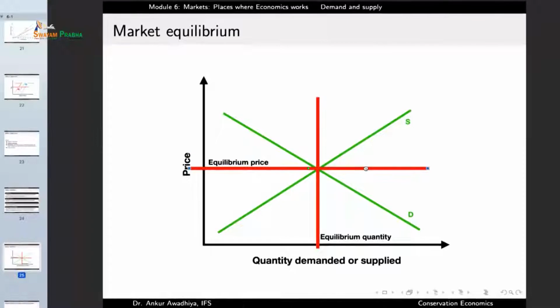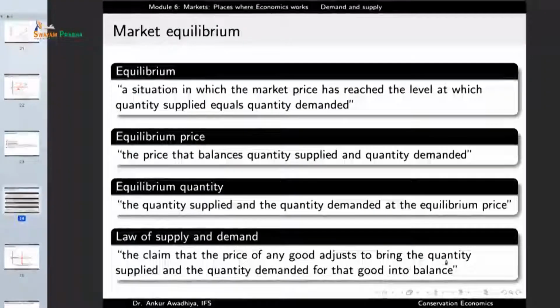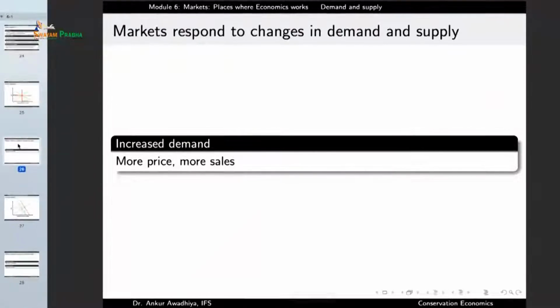So it adjusts to bring the quantity supplied and the quantity demanded for that good into balance. And at that price, known as the equilibrium price, the quantity demanded is equal to the quantity supplied, which is the equilibrium quantity. Now, how do markets respond to changes in the demand and supply?